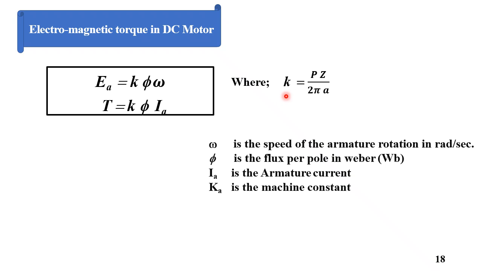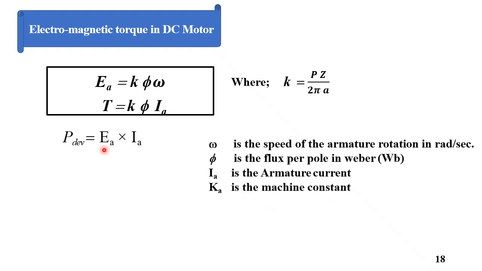The motor constant K equals P, which is the number of poles, times Z, which is the number of conductors, divided by 2 pi times A, which is the number of parallel paths in the machine. Omega is the speed of the armature in radians per second, and phi is the flux per pole in Weber. IA is the armature current, and Ka or K is the machine constant.